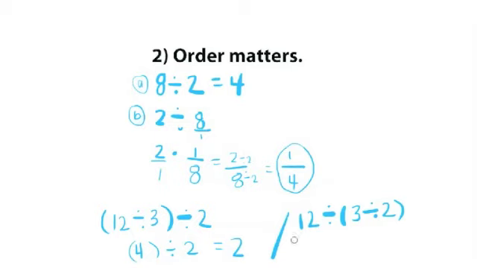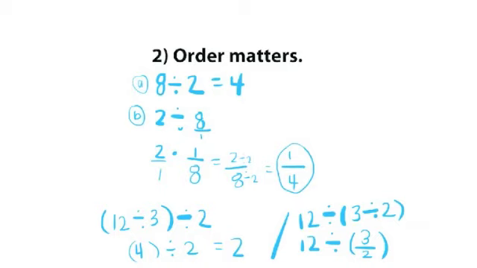This is going to show you the order of operations really does change everything. So 12 divided by 3 divided by 2 is going to end up giving us what? We are not really sure right now, right? So let's change it to look like this maybe, 3 over 2 like that.